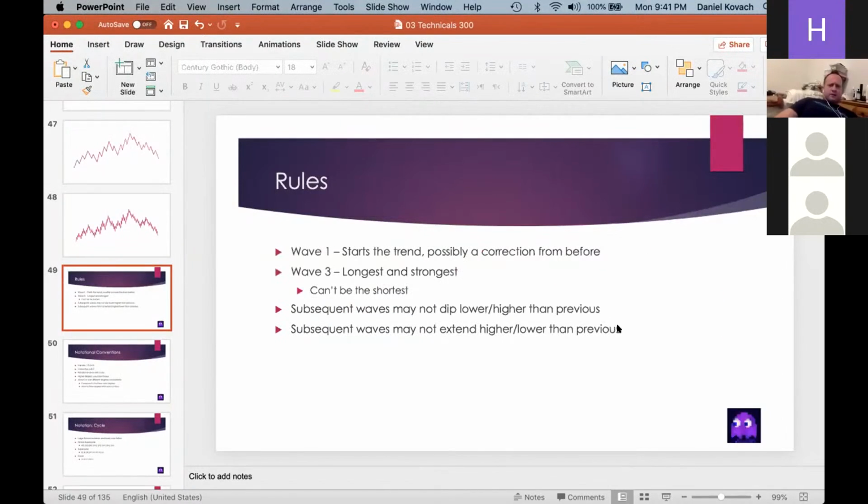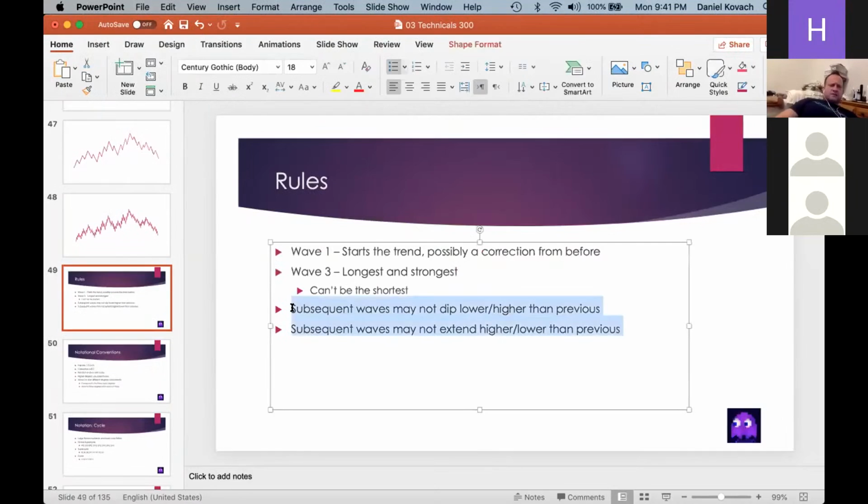I'm going to reword these last two. I realize, reading it over myself, they made no sense. So let's just focus on these two, and I'm going to graphically demonstrate what I mean by these two rules. Wave 1 starts the trend, and it's usually a correction from a trend before. So we have a downtrend, and say suddenly we have a bullish reversal.